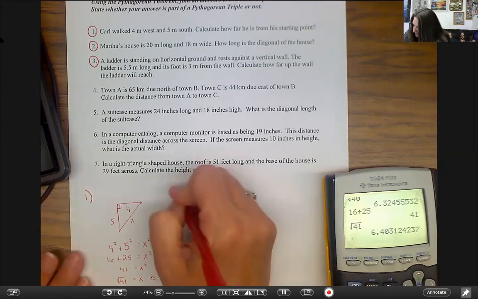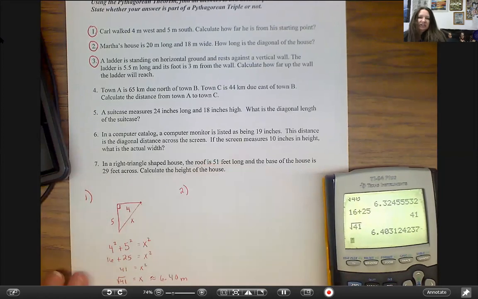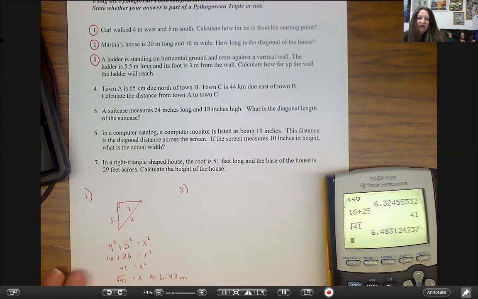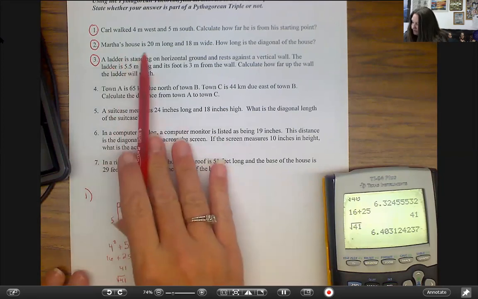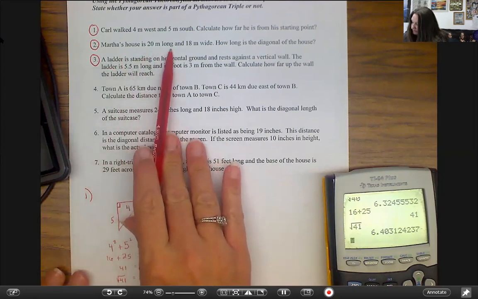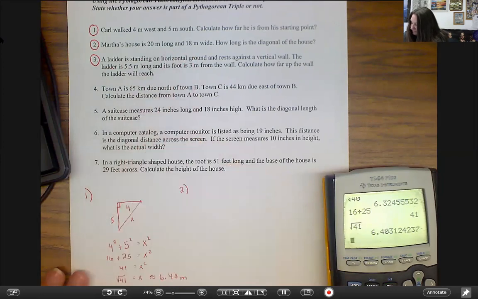All right, if we look at this second one, again, look to see how we can draw that right triangle to match or follow this application. So Martha's house is 20 meters long and 18 meters wide.